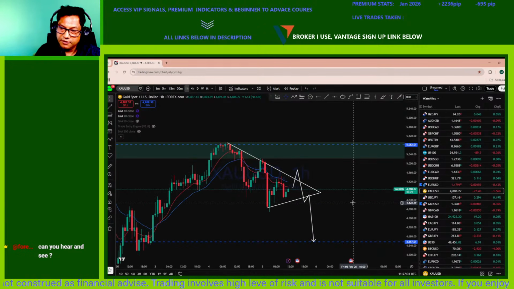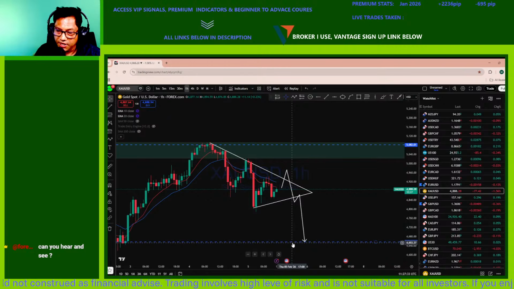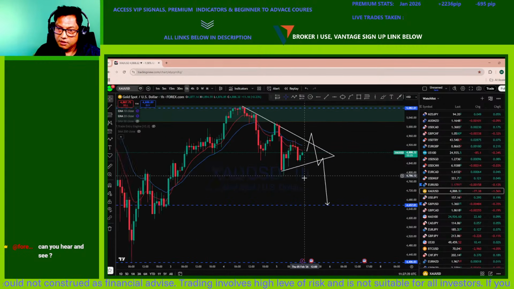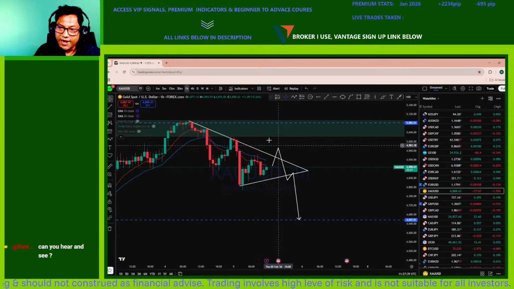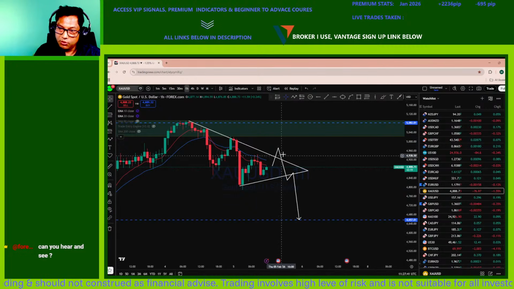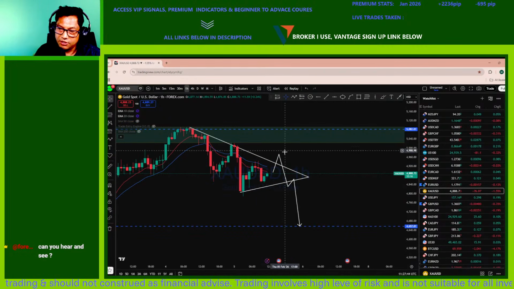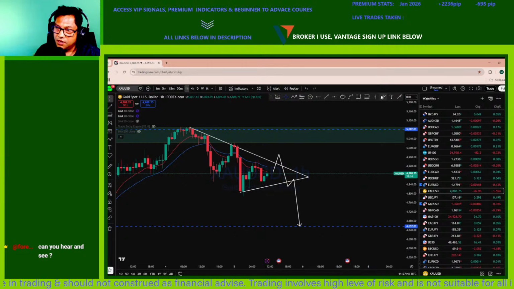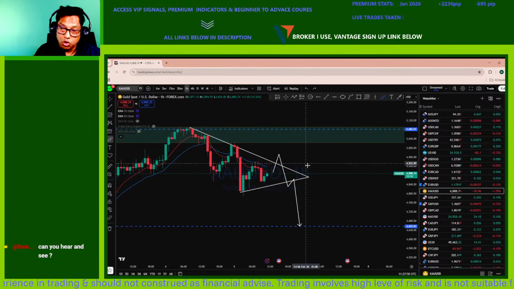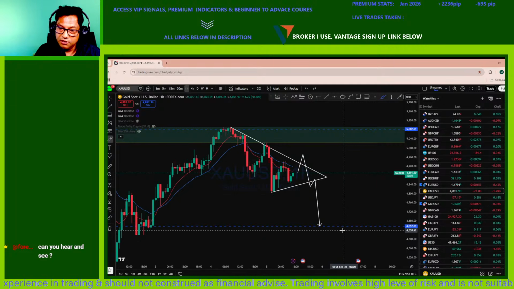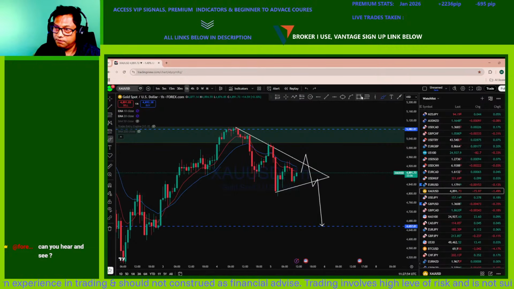And with this trend line, the market may break below here. With that break of this trend line, what we are expecting is the market to grab a significant amount of liquidity and then drop down to this support level.